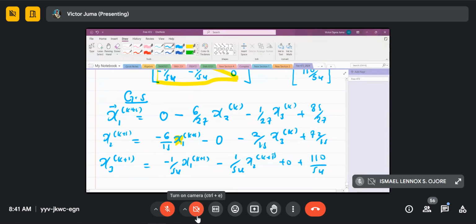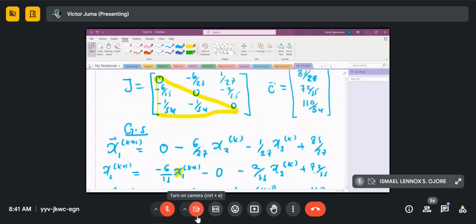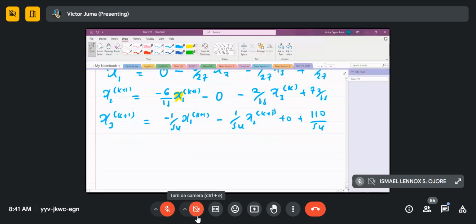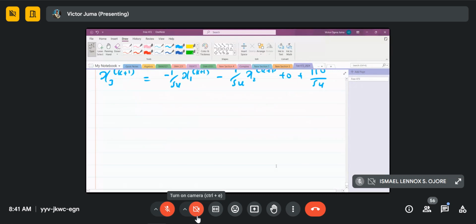As I said, let us start with the same initial values: x1 is equal to 0, x2 is equal to 0, and x3 is equal to 0. As we did in the other one, I go directly to forming a table, because working with a table is easier.